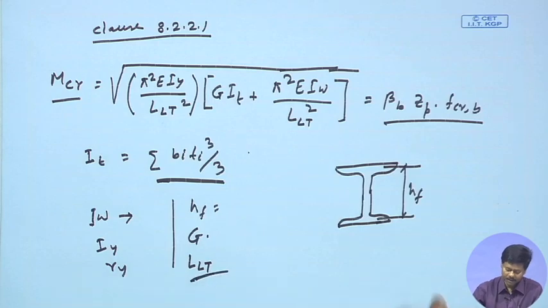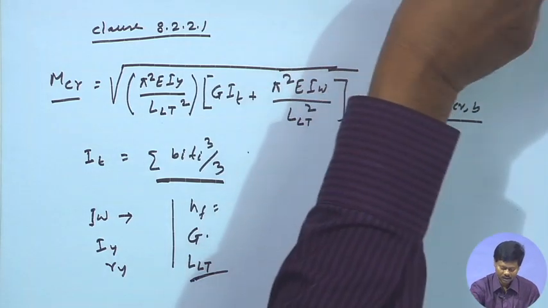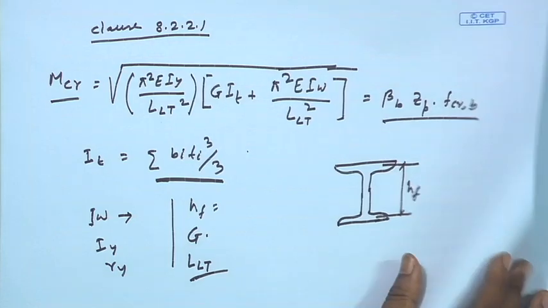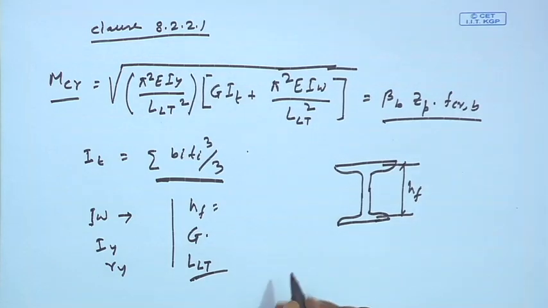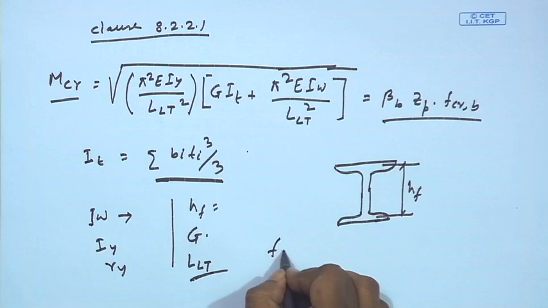So, effective length for lateral torsional buckling LLT can be found in clause 8.3, and FCRB is the extreme fiber bending compressive stress.